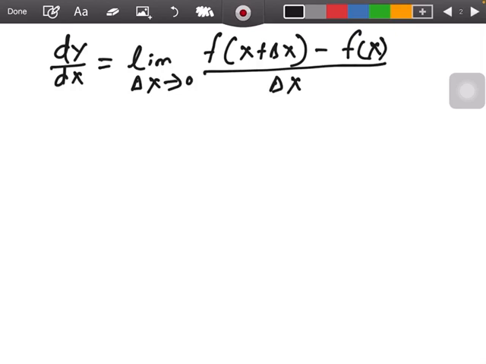So you get the formula of derivative. This is your first principle of derivative.